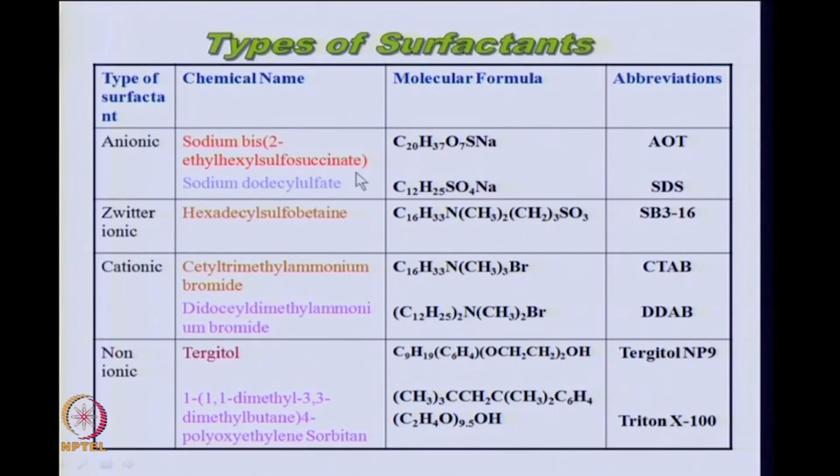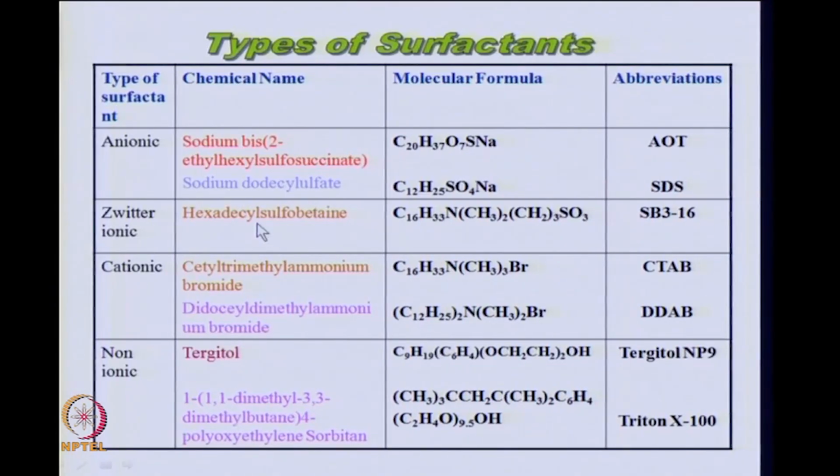It is a very common surfactant, and these, as you see, will have a negative head group. If you dissociate this sodium ion, there will be a negative charge on the head group of this molecule. So, both these are anionic surfactants because they will have a negative head group when this molecule is dissolved in water. So, AOT and SDS are both anionic surfactants.